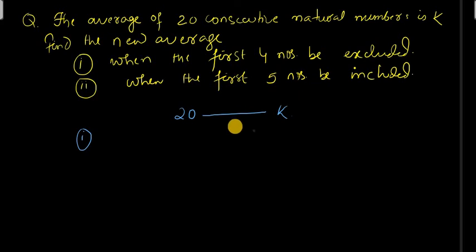In question 1, the first 4 numbers are excluded. When the first 4 numbers are excluded, the average increases. The average increases by 0.5 for each number excluded, and 4 numbers are excluded, so the increase is 4 times 0.5, which is 2.0.